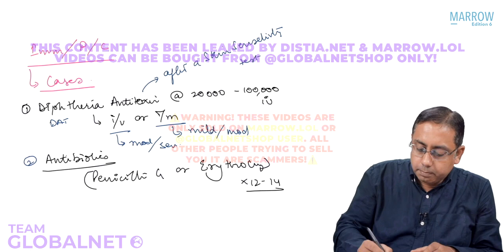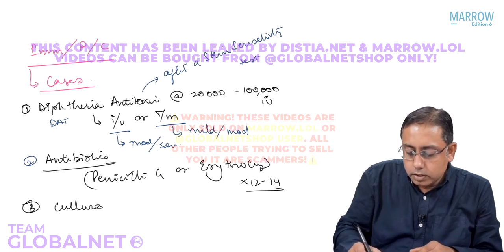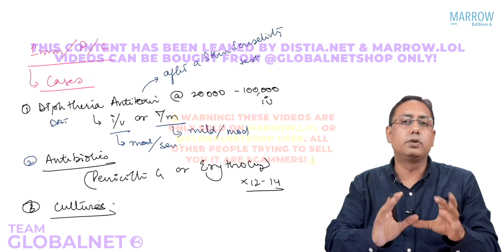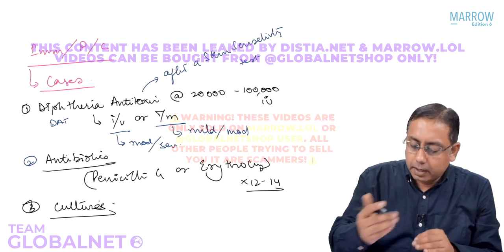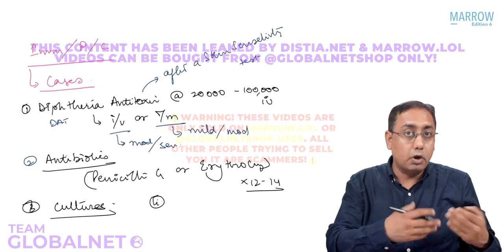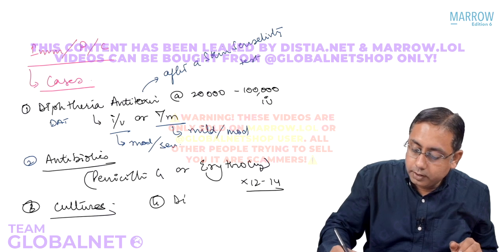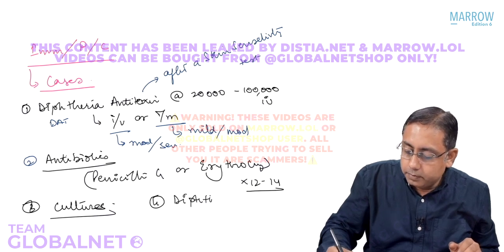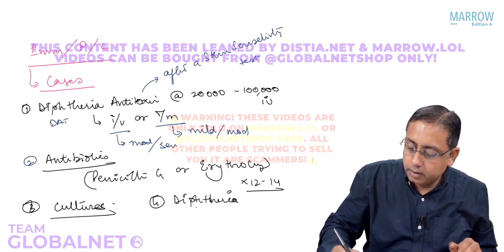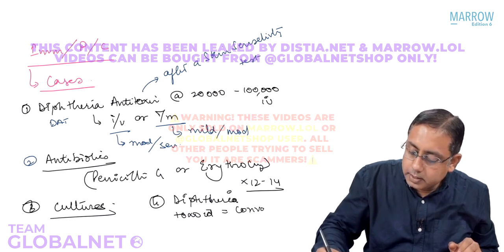Plus we are also going to do serial cultures for them, so that we come to know about the response. Plus, apart from that, in case the person is not immunized, in case the person had not taken any diphtheria vaccine before, we can also think of giving the diphtheria toxoid vaccine, but only in the convalescent phase.